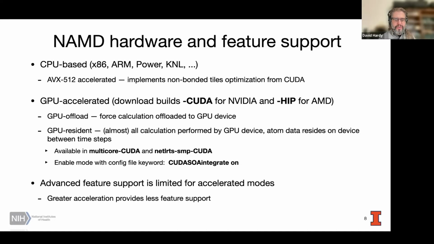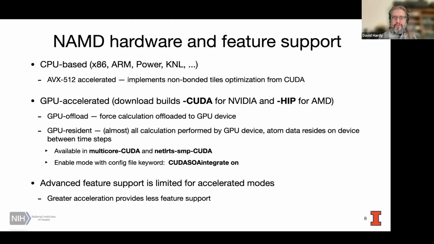The GPU resident mode is available now in our multi-core CUDA and Netlrts SMP CUDA builds. Multi-core CUDA would be for just a single process, single simulation, and the Netlrts SMP build would be what you would use for replica exchange type methodologies or multi-copy methodologies, in which you're running each of your simulations as a single process on one GPU up to maybe all the GPUs in a node.